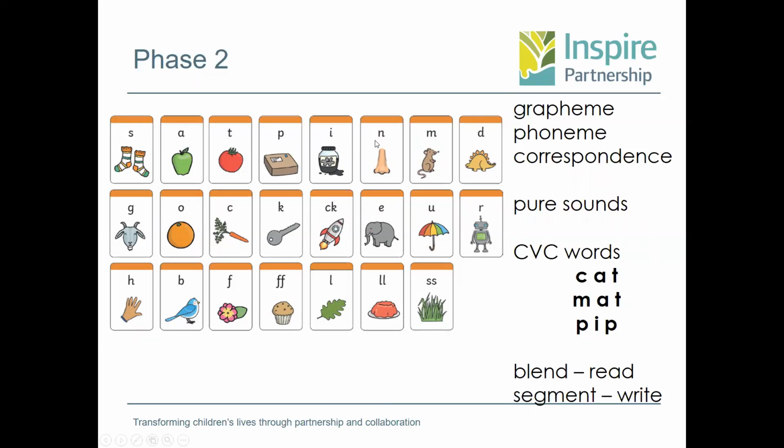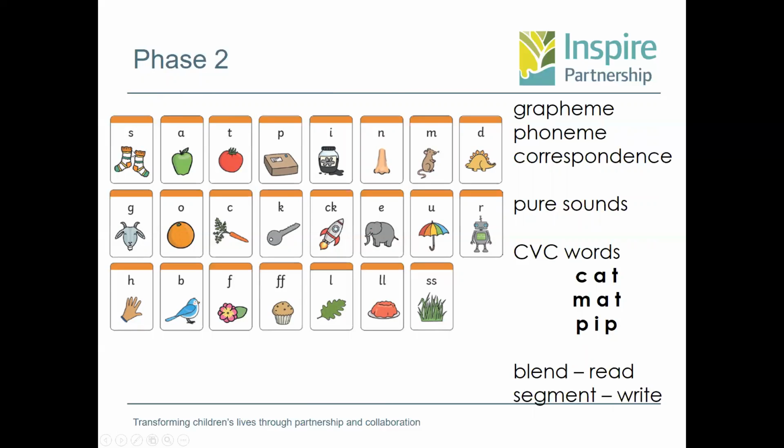And then within those first few days and weeks of teaching, they'll learn that you can put s, a, and t together to make the word sat, or even a and t together to make the word at. You might put a p in the word and make it pat, and so on. So the letters are taught in this order specifically so the children can be empowered to read very simple words from an early stage in their reading.